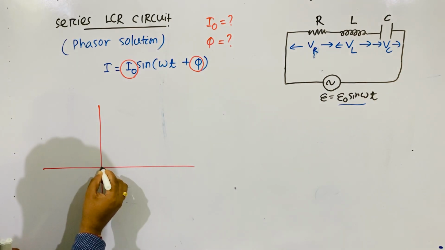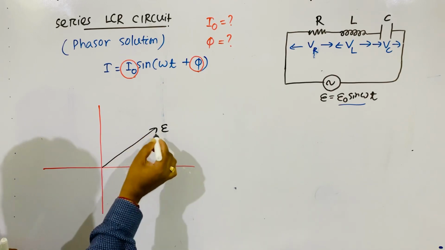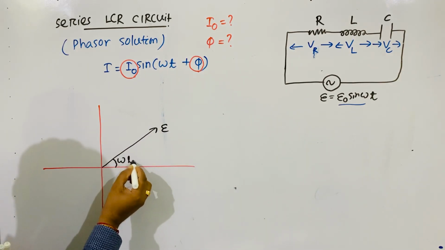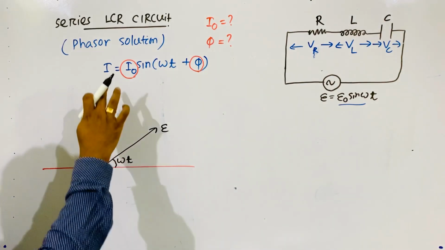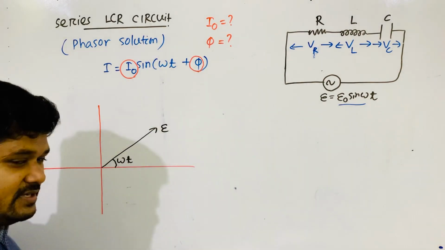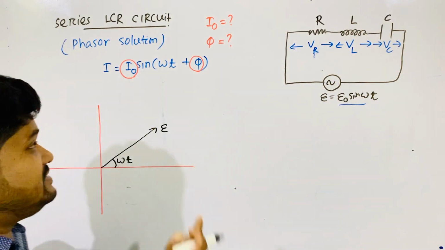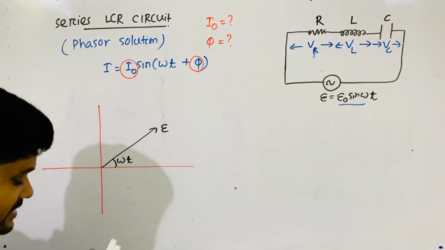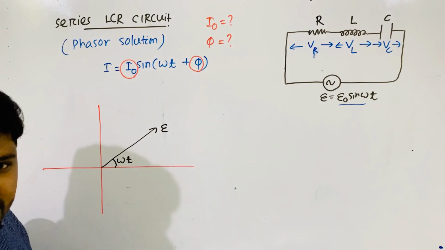Suppose you take the EMF, this is E, with length E naught, making an angle omega t. What about the current? I have taken omega t plus phi, but I don't know whether phi is plus or minus. Let's take plus phi; when we get the actual answer for phi, it will automatically be corrected.